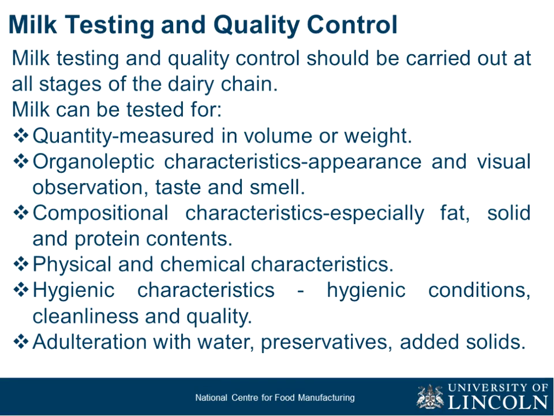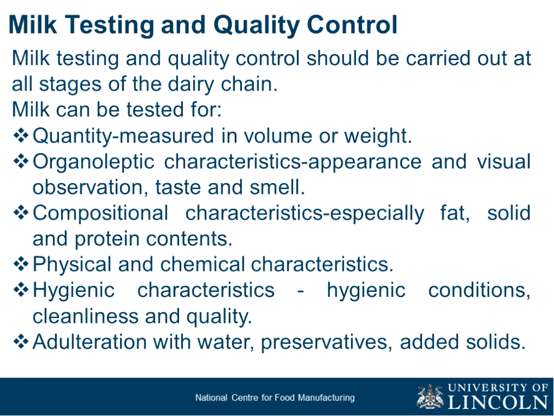Then there are also testing techniques. We can test meat for quantity, by measuring the volume or weight. Then organoleptic characteristics in terms of appearance, visual observation, taste, and smell. Then the compositional characteristics, especially fat, solid content, and protein content.